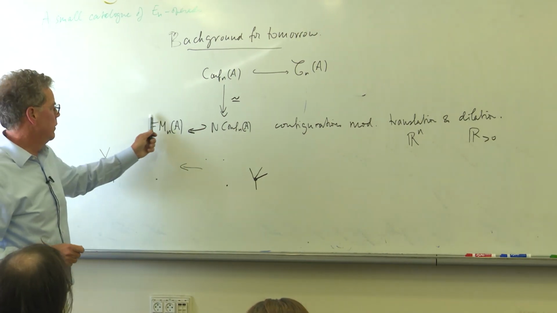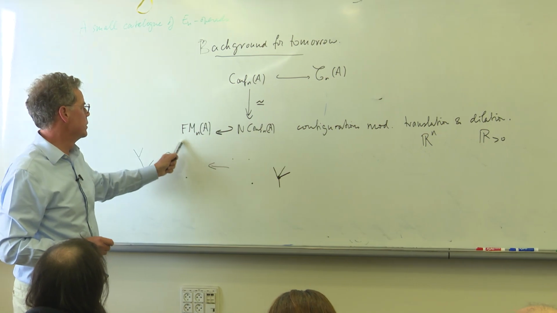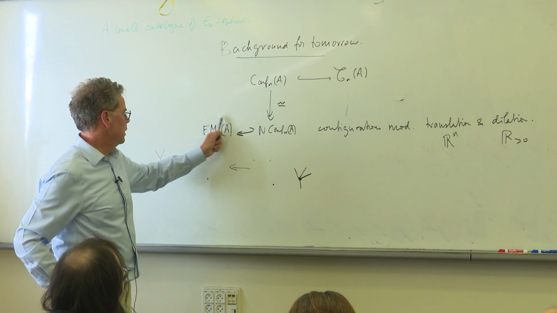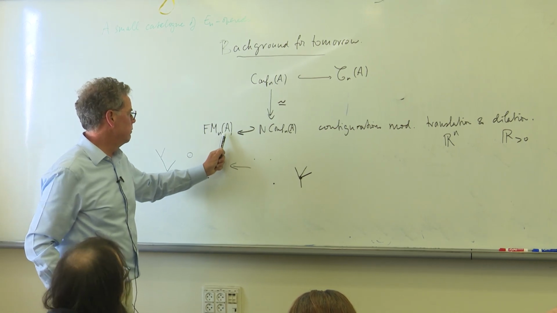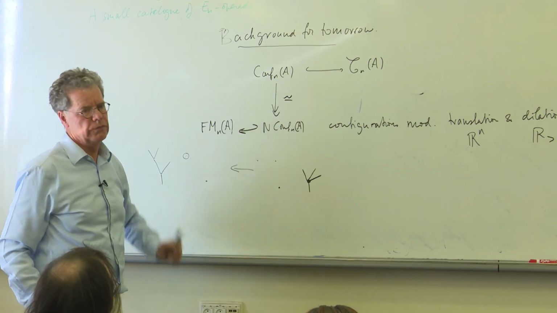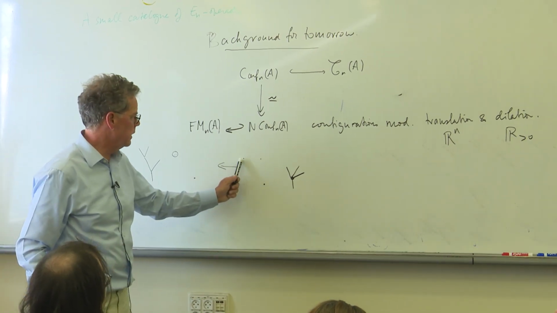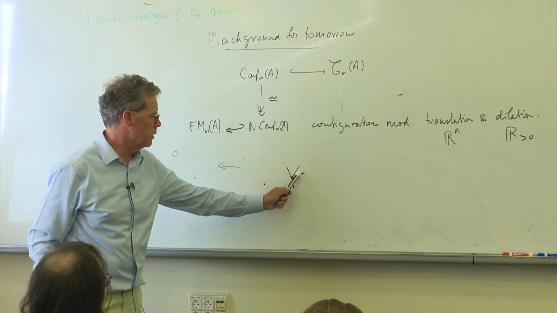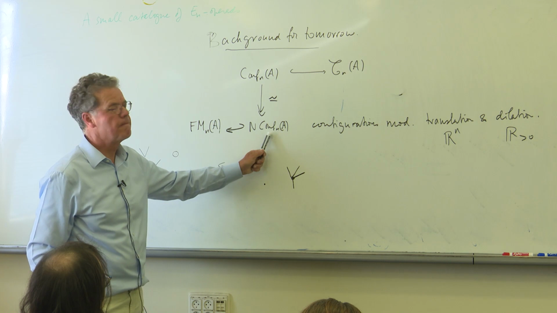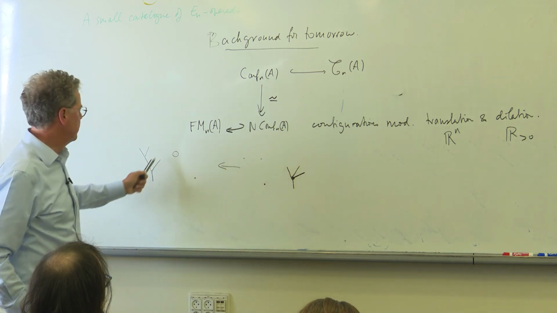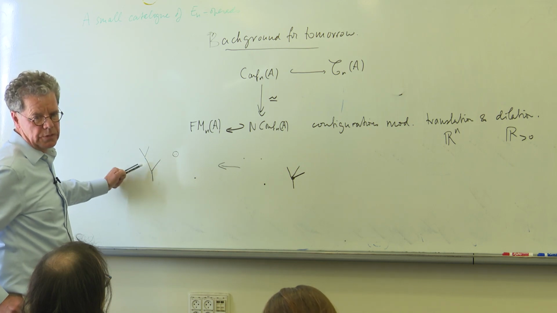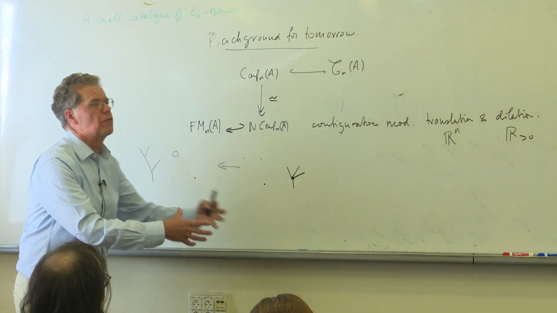In fact, this Fulton-McPherson compactification has strata which are given by trees with A as the set of leaves. Here A is a set of 3 points. You have a tree with A leaves. This is the interior, a manifold. And the boundary consists of trees with at least one inner edge. And you can have collisions of collisions.